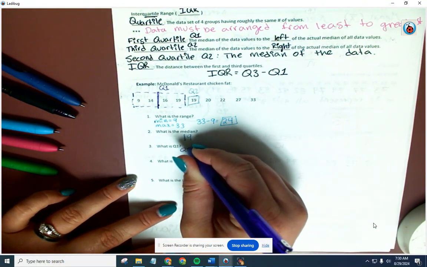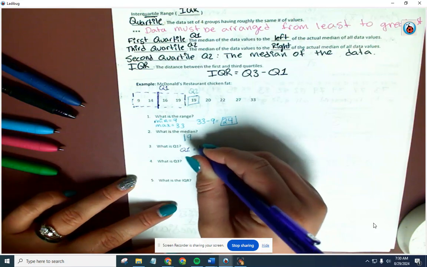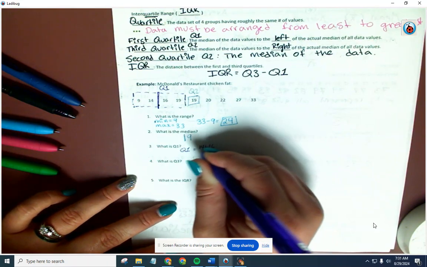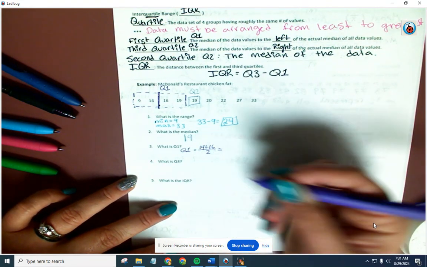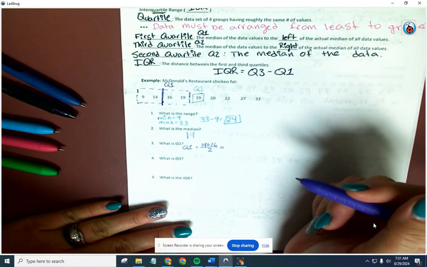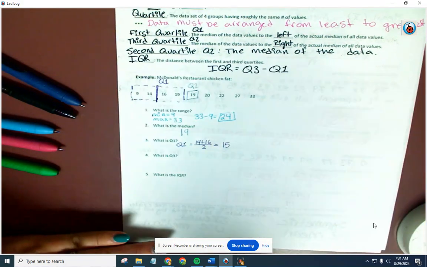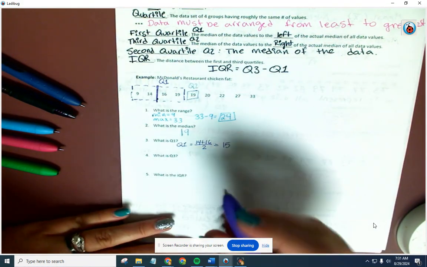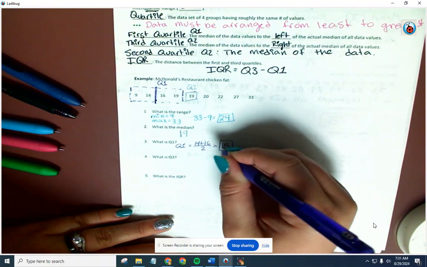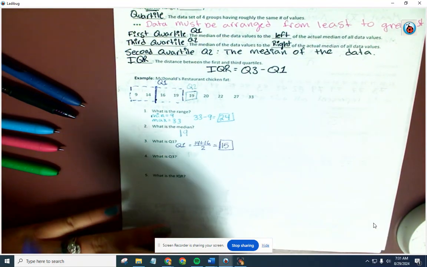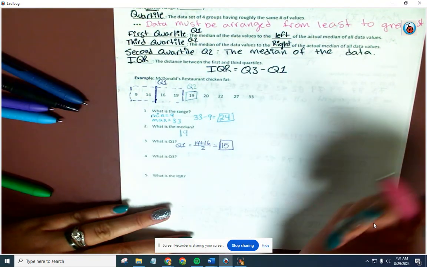So we can find the average of those two numbers, and that will tell us the center. Now you may be thinking, Miss Bordeaux, obviously the average of those two numbers is 15 because that is dead set in the middle. And you are exactly right. So that is 15.